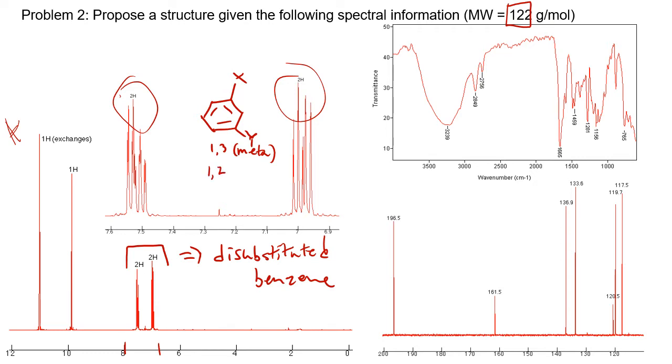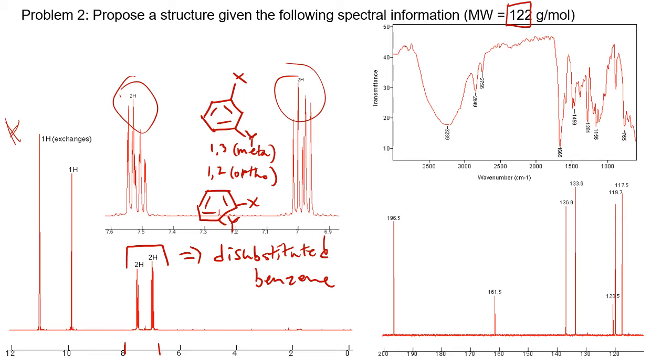Or 1,2, which is ortho. Right, and that would look like this, where we have X and Y on adjacent carbons.